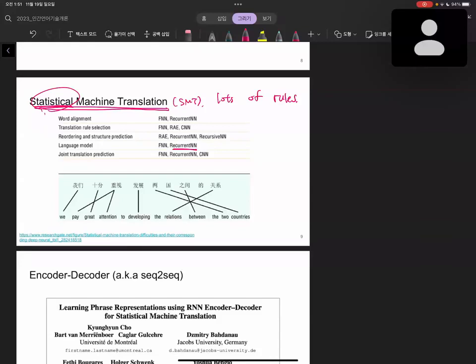So maybe you remember that before 2016, if you tried to use Google Translate, you realized that it was really not good. That was based on statistical machine translation.